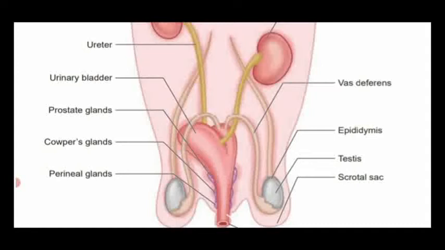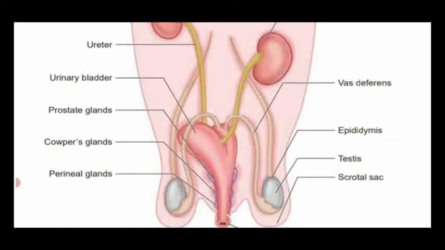The vas deferens arises from both the testes, see there are two sides. Epididymis is also there and also vas deferens. Both the vas deferens join on the posterior side, just below the urinary bladder, and are joined to the urethra.